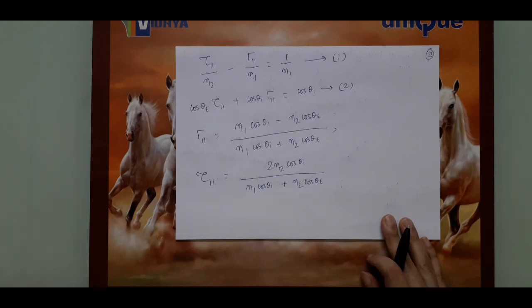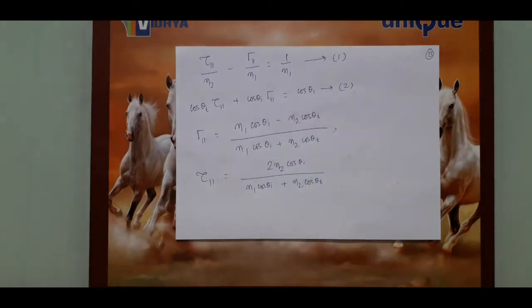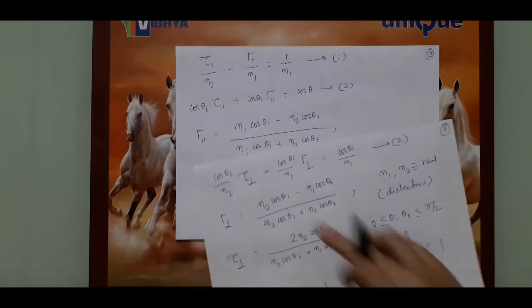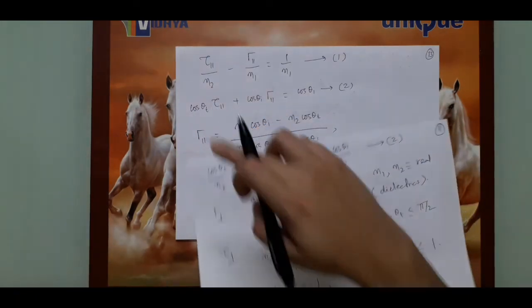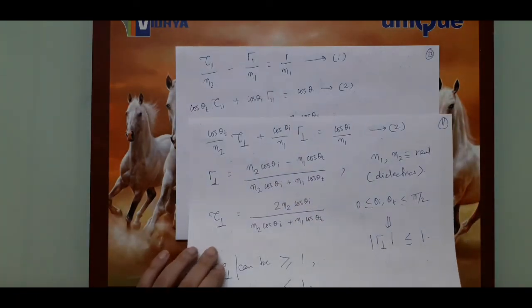So what you will see is that the nature of the reflection and transmission coefficients are very similar and can be correlated very easily with what we found in the two cases. One is the parallel polarization, the other is the perpendicular polarization.